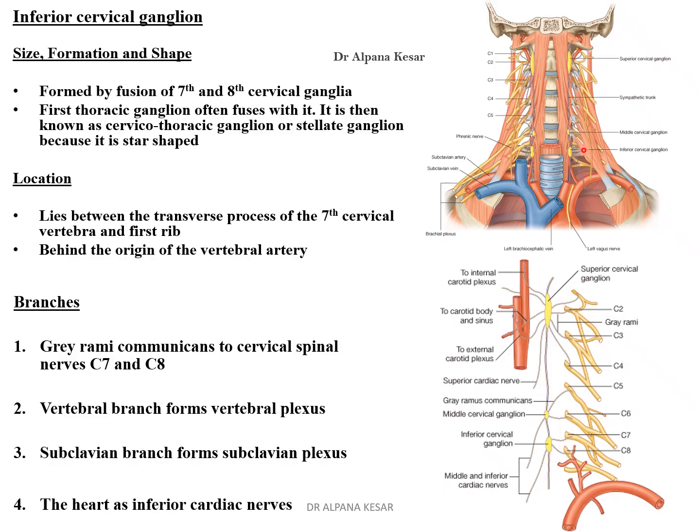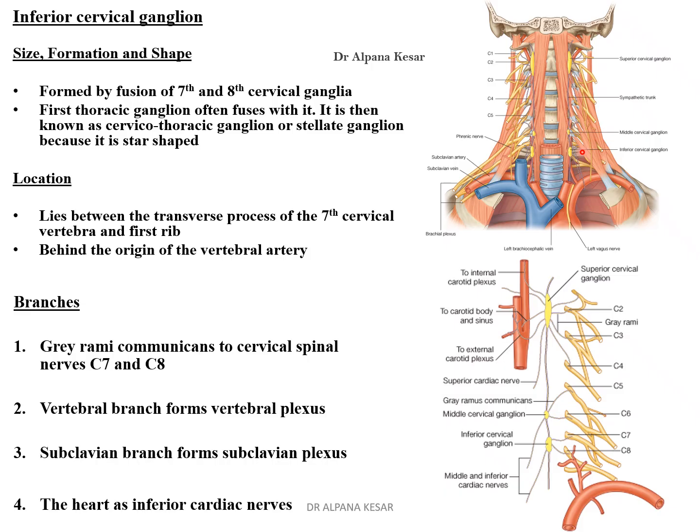It is called stellate ganglia because it is star-shaped. The location of the inferior cervical ganglia is between the transverse process of the seventh cervical vertebra and the first rib. It is present behind the origin of the vertebral artery.